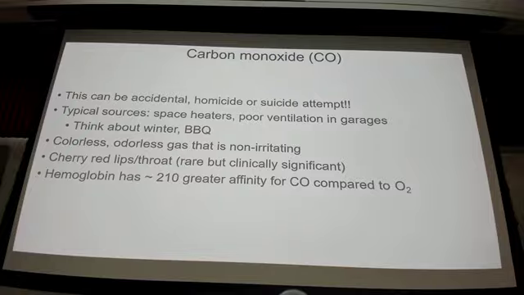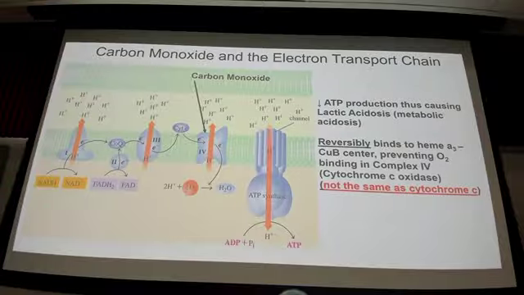The mechanism of action of carbon monoxide is that it reversibly binds to the heme a3 copper center, preventing oxygen from binding in complex form. And so that's going to disrupt ATP production. It's going to shift our metabolism into anaerobic metabolism, and then we're going to see lactic acid buildup, which will cause the patient to have metabolic acidosis. Questions about that?